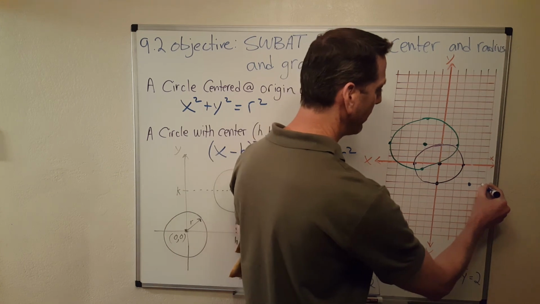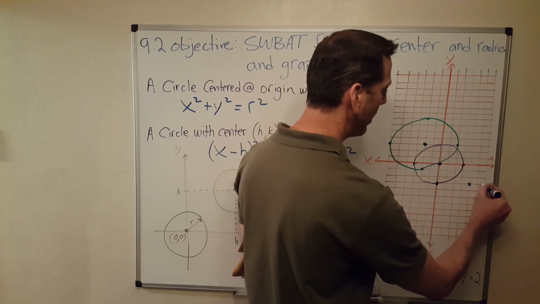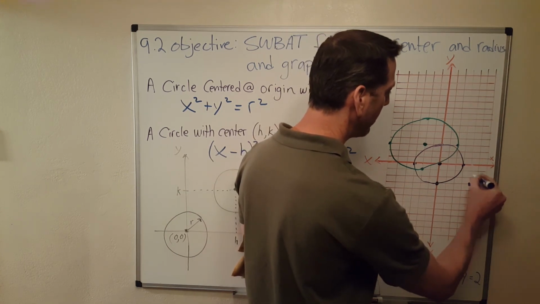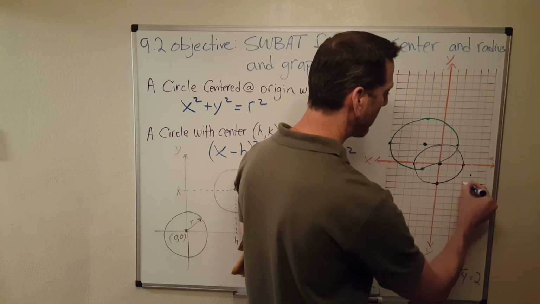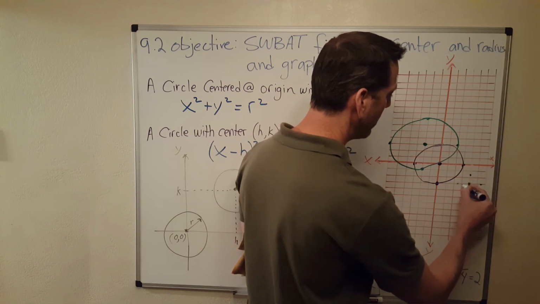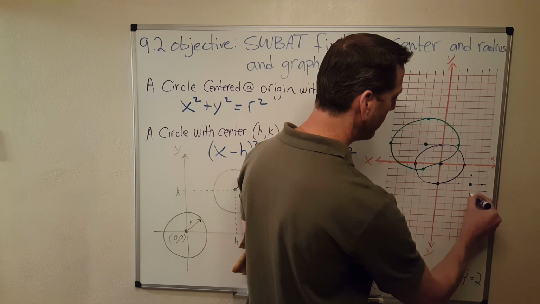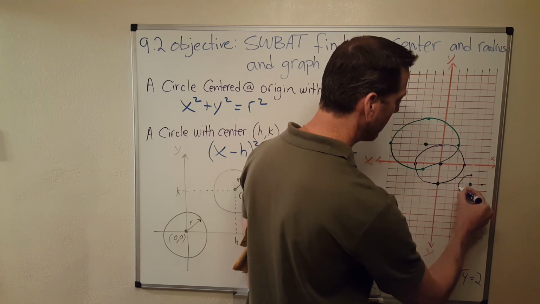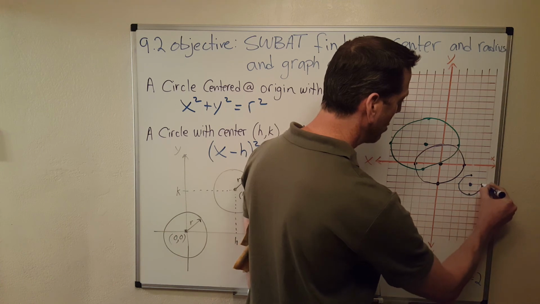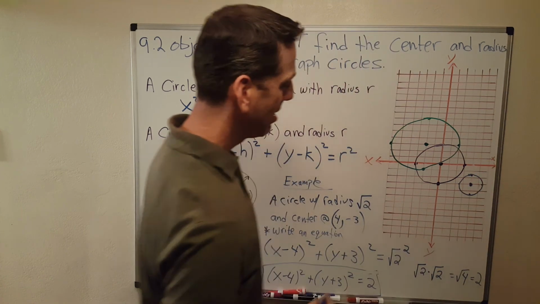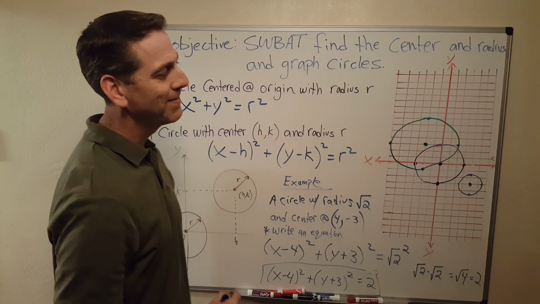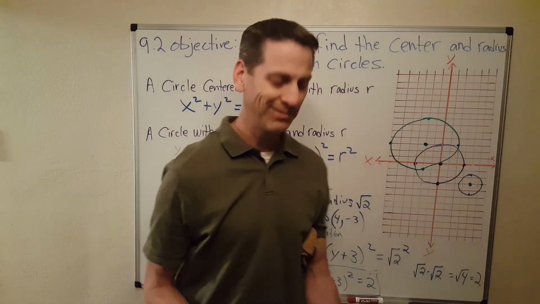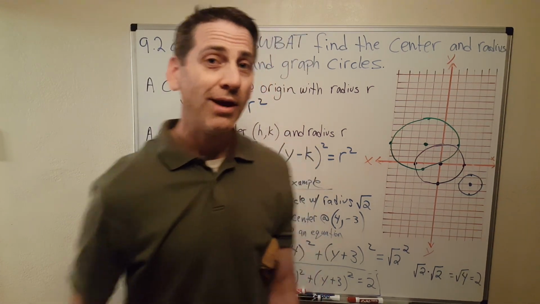So it would be something like this. There's 1 and there's 1.5. So something like that. Okay? That's probably my best circle. Still not perfect.